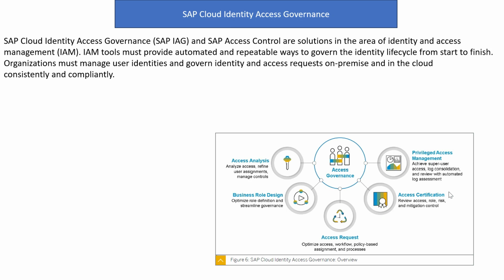So let's start with access analysis. The access analysis service will provide you the functionality to analyze access, refine user assignment and manage controls. Now I am going to compare this with SAP GRC Access Control ARA, access risk analysis.